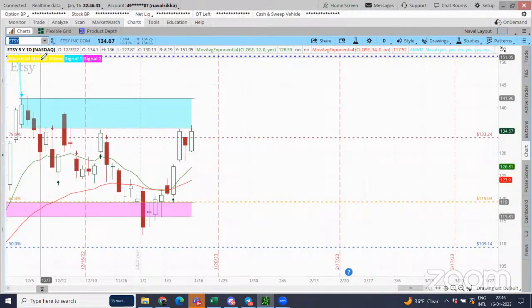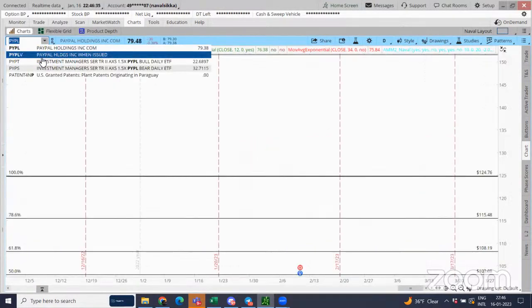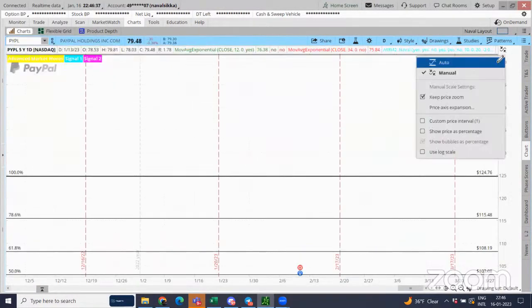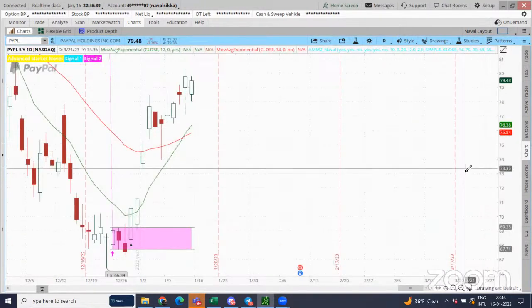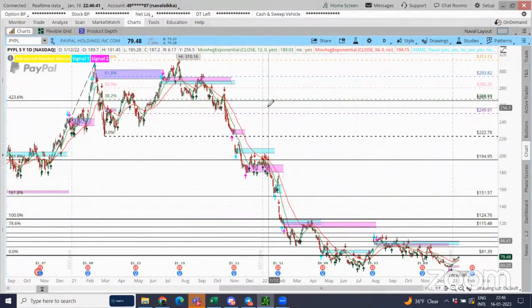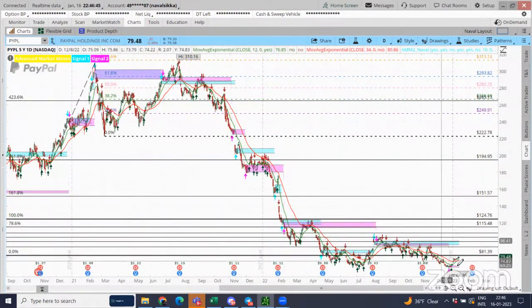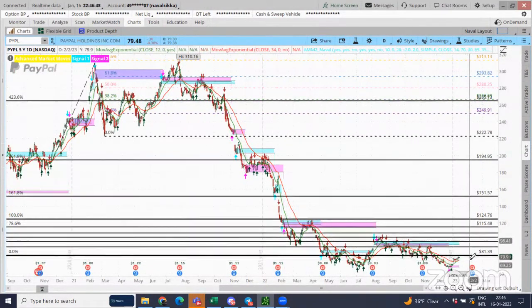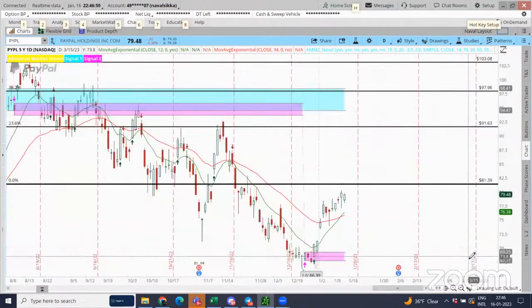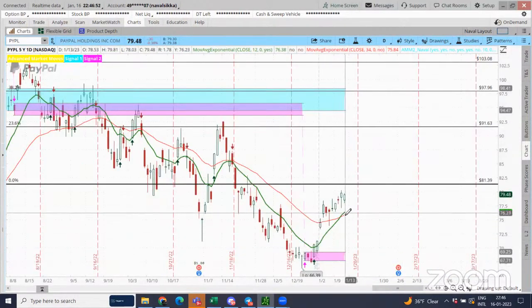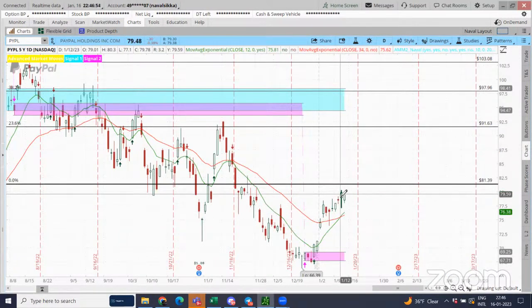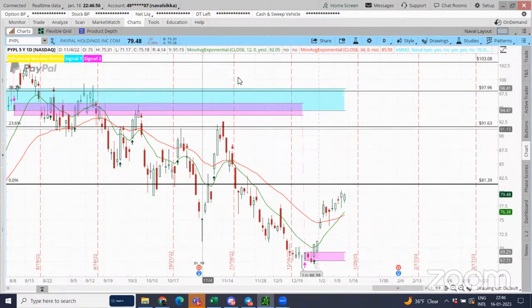PayPal, Square, these companies have inside days, and it's coming to a region like, I was short on PayPal at 225, 226 in this region. Since then, it has come down and broken all those records. Now it is trying its best to regain that 81 area. The momentum is showing positive trend, inside day, and it's one half of the inside day, inverted head and shoulders.